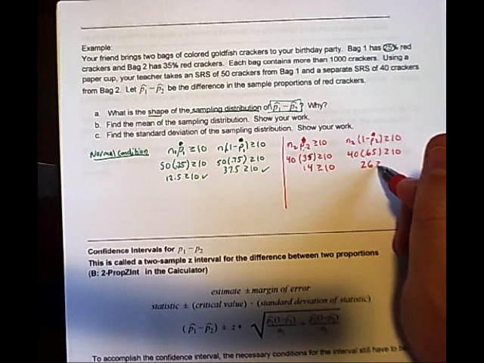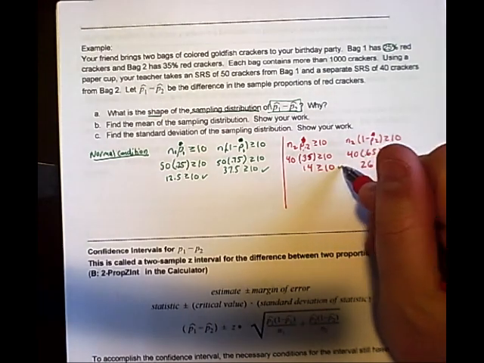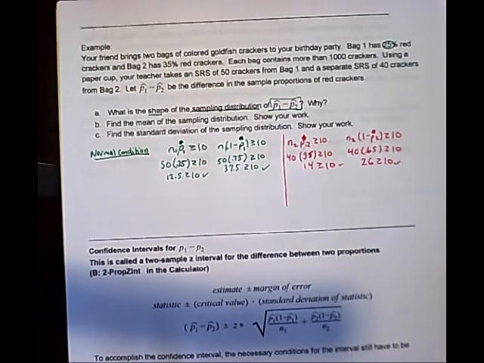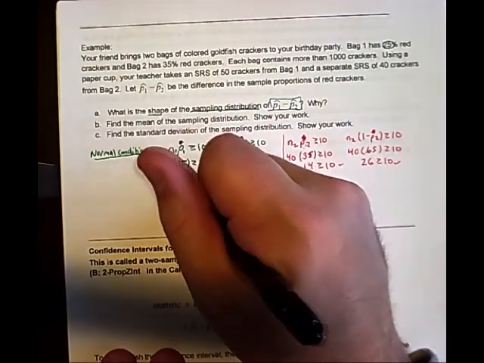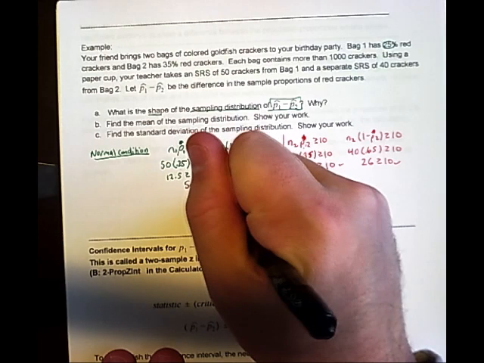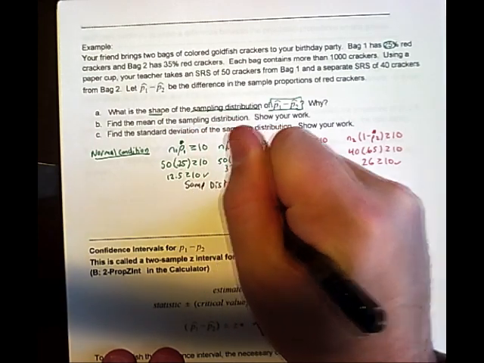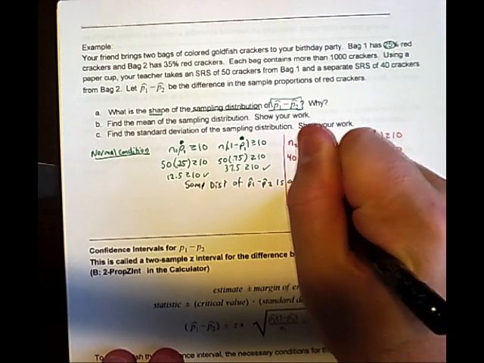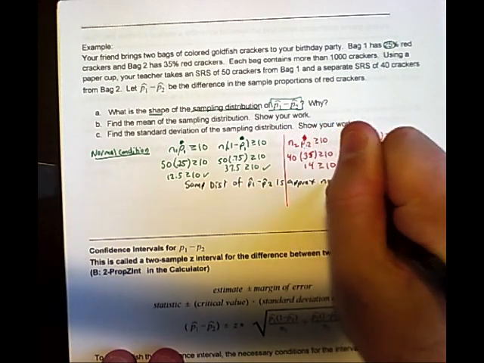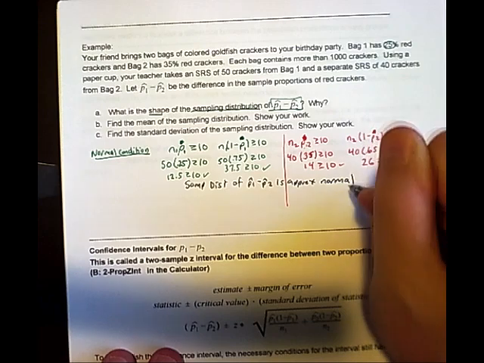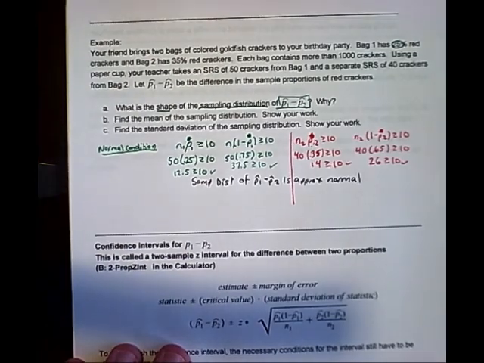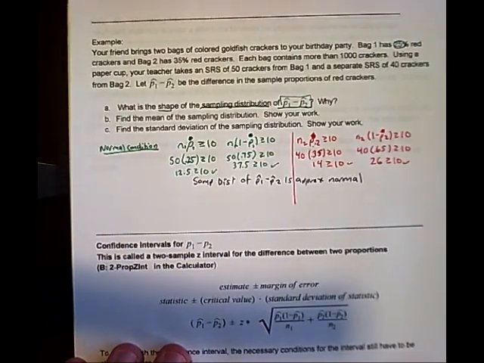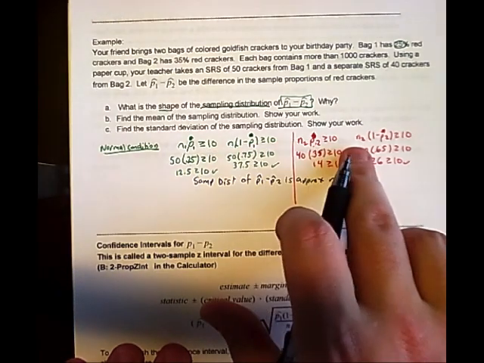Okay, so we're okay there too. Since all those are met, we can say that the sampling distribution of p hat 1 minus p hat 2 is approximately normal, because both groups meet the normal condition.